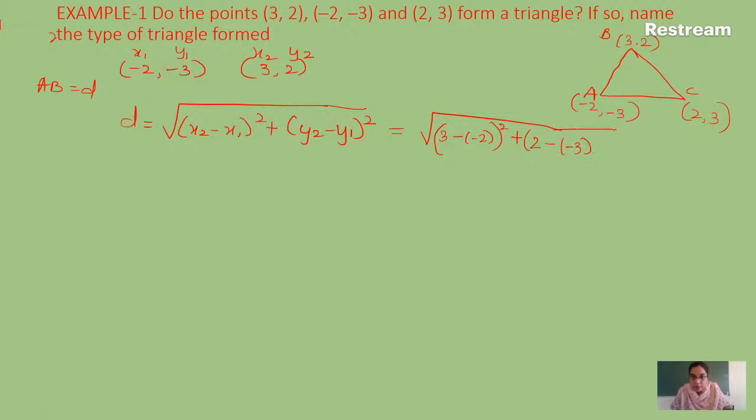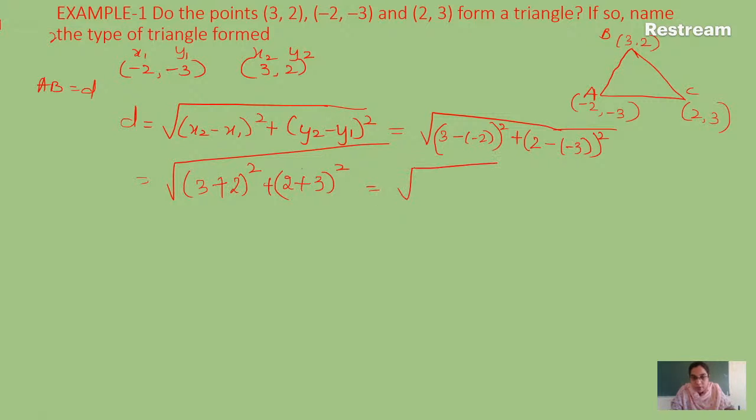Put the bracket to make it more clear. Next is (3 minus of minus 2) whole square, minus of minus will become plus, so 5 square, plus (2 minus of minus 3) whole square, 5 square.